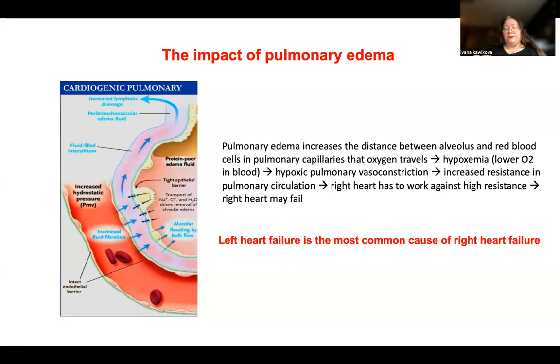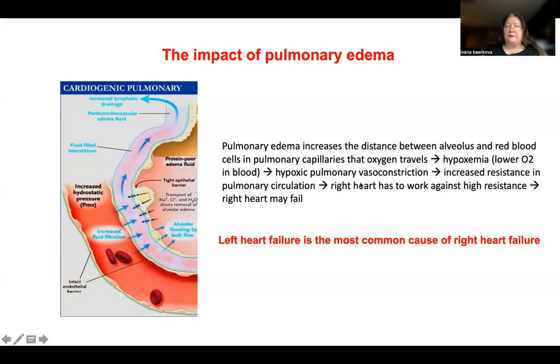But now in this pathological situation, where the hypoxemia leads to hypoxic pulmonary vasoconstriction, it will not be as effective because large part of the lung undergoes edema, and instead the increased resistance of those vasoconstricted pulmonary arteries will make it more difficult for the right heart to pump the blood into the pulmonary circulation.